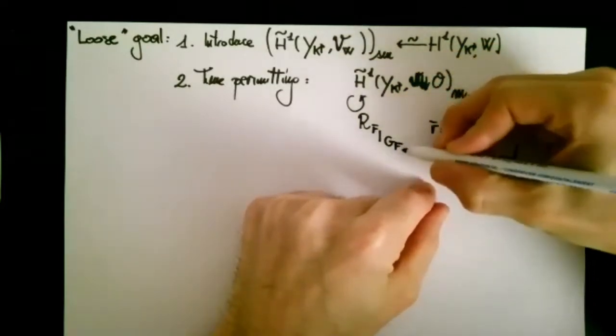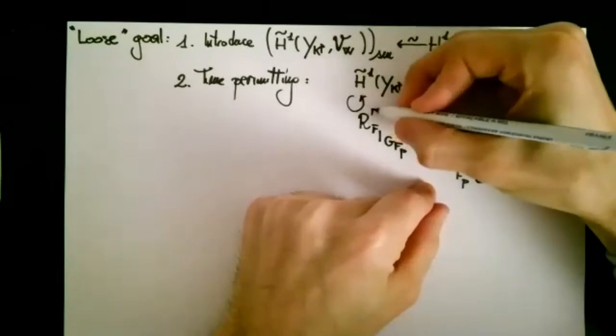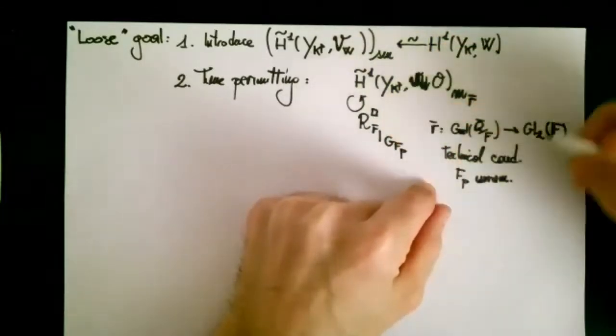So here I consider the decomposition group, and the object has an action of a local Galois deformation ring.